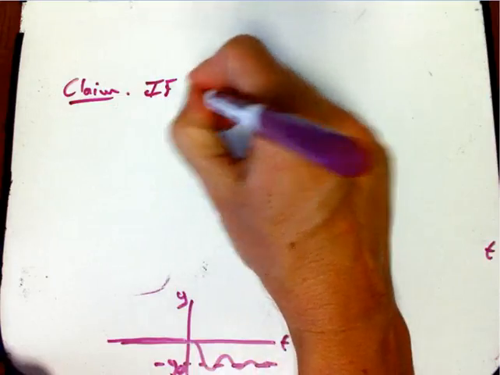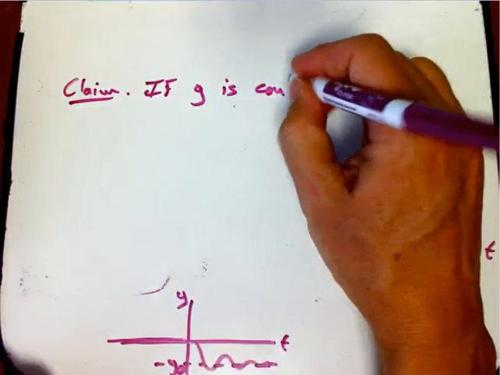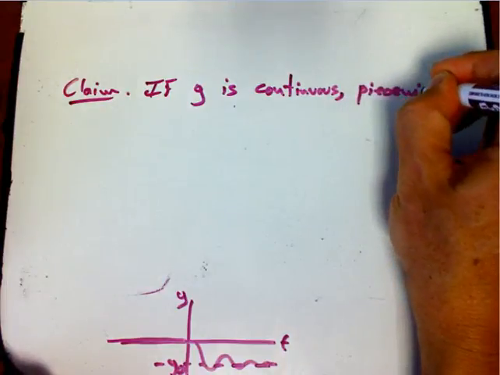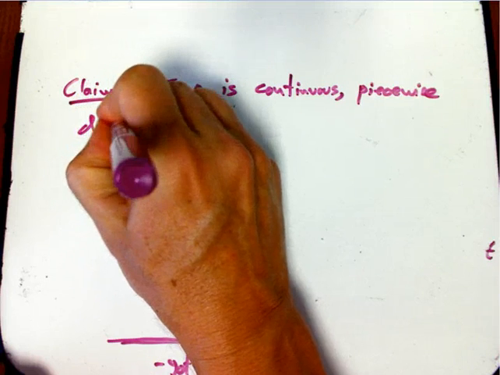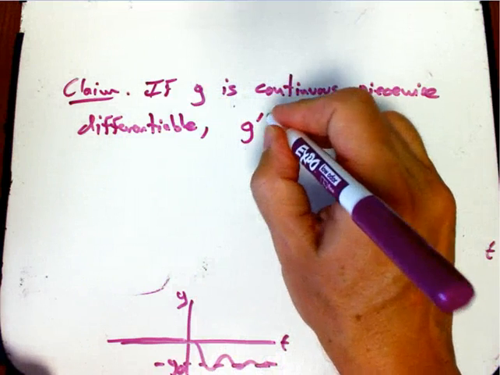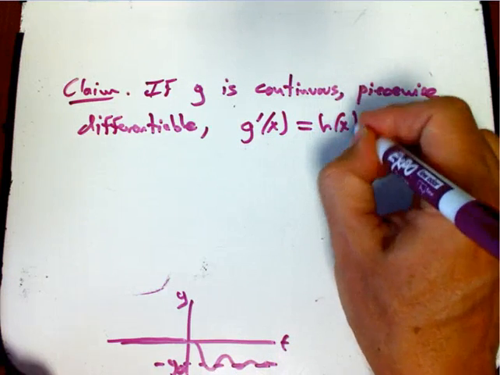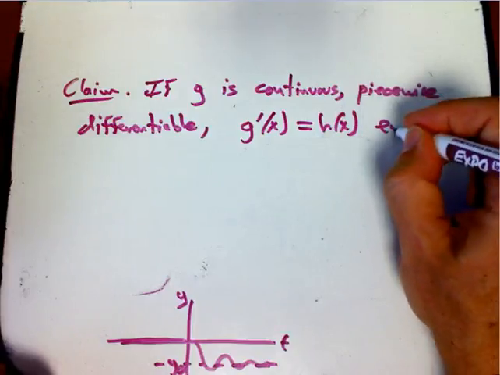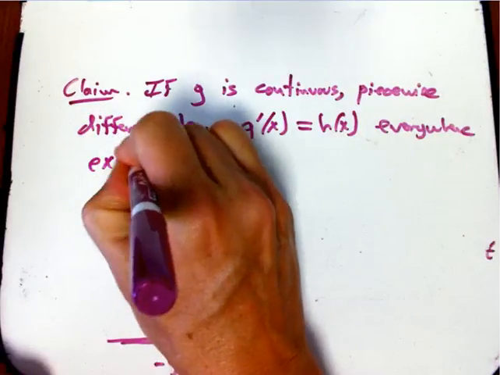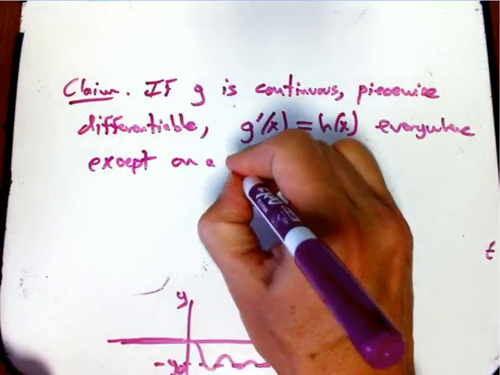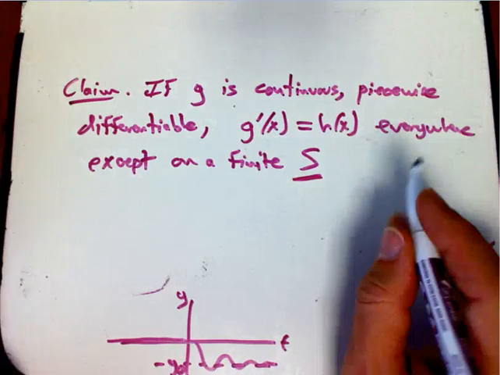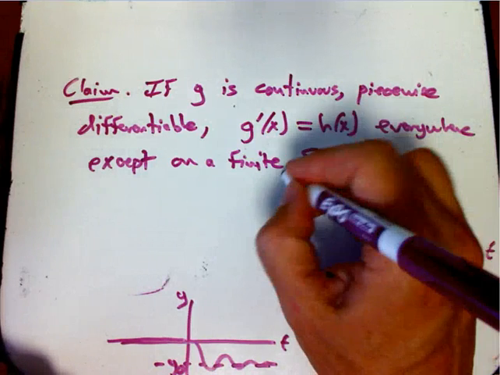So if g is continuous, so no jumps, and let's say it's piecewise differentiable, so it could have some sharp corners, and when you take g prime of x, you get some function h of x in the usual way, but just everywhere where that's meaningful, everywhere but on a finite set S. And it doesn't really just have to be finite, and later on we'll get much more interesting about where this could fail to be differentiable and still have this kind of result. Okay, a finite set S.